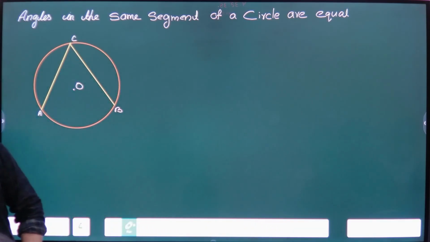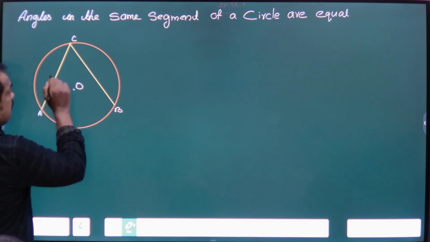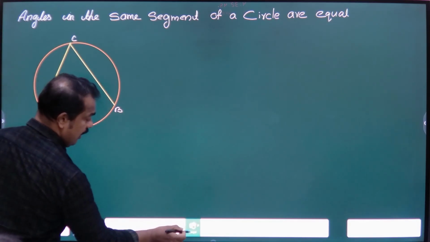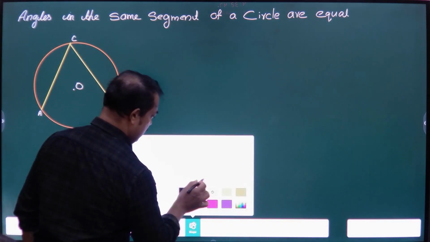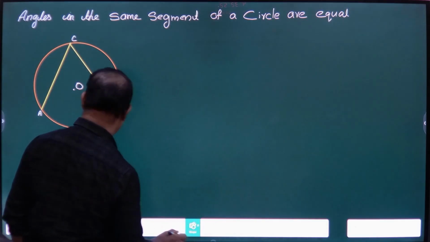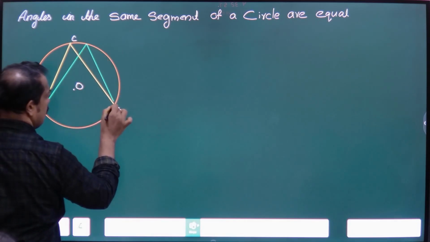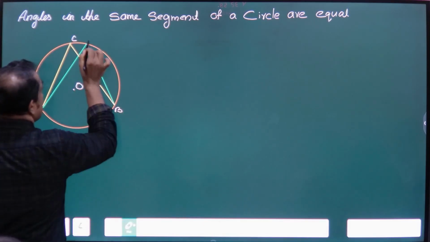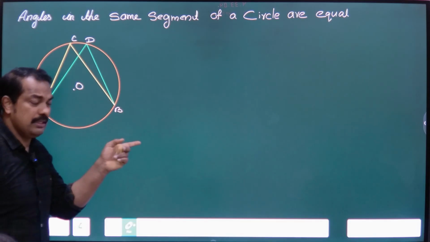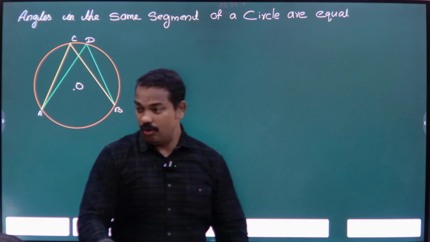And draw one more angle, ADB. ADB is also an angle subtended by arc AB, where? On the circle.